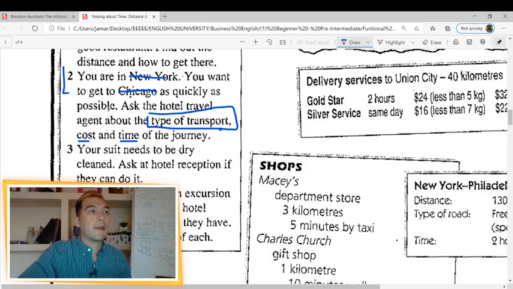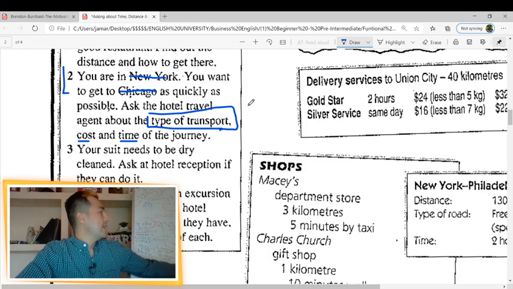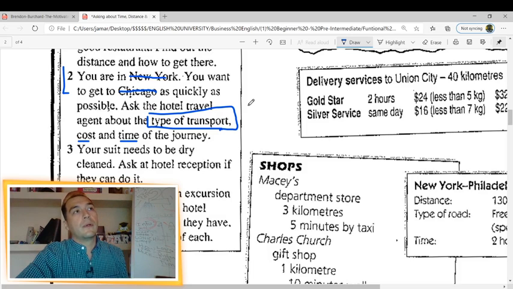Ready? Okay, what is the complete question? What type of transport do I get to go to the bus? Perfect. In this case, what is get? The verb get.